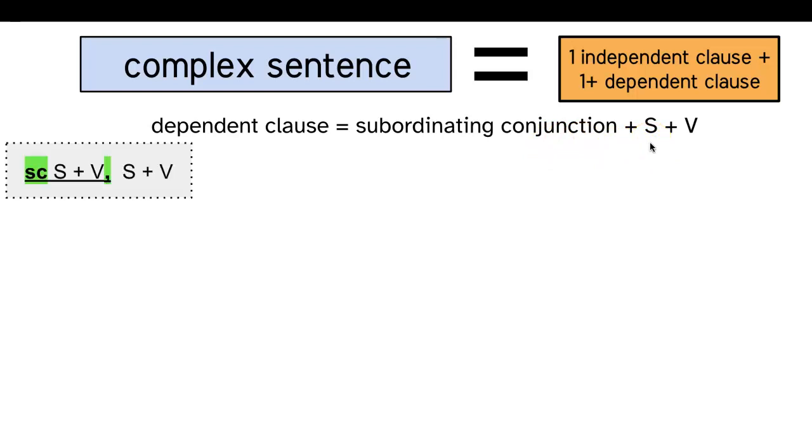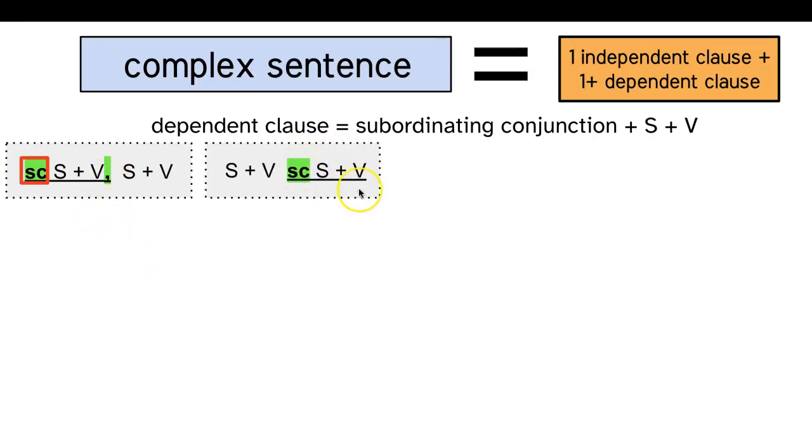And there are three different formulas that we can use for this. Our dependent clause could be at the beginning, and if that were the case, we'd see a subordinating conjunction that's followed by a subject and a verb. And we know that if that subordinating conjunction is at the beginning and that dependent clause is at the beginning, then it's being used as a transition and it needs a comma.